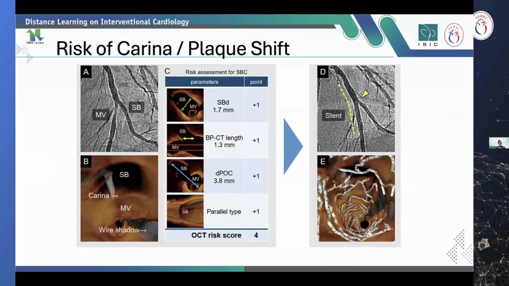But in my experience, in the beginning of the experience with OCT guidance of PCI, probably everyone had some concern about interpretation of plaque morphology.